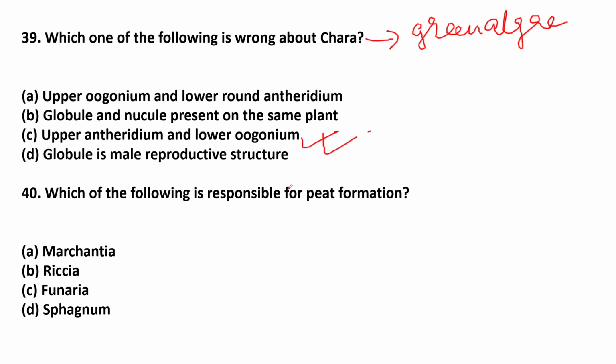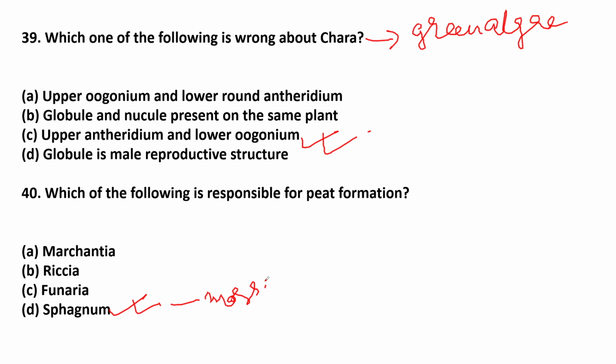Which of the following is responsible for peat formation? Marchantia, Riccia, Funaria, Sphagnum. Sphagnum is the right answer. Sphagnum is a moss which provides peat that has long been used as a fuel.